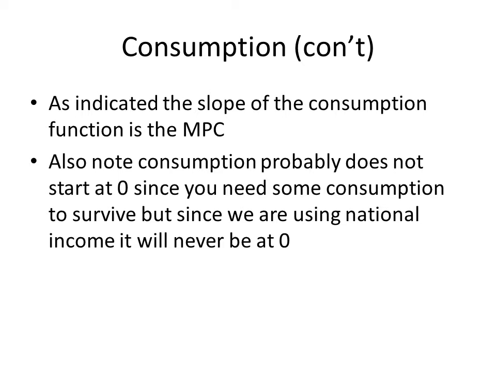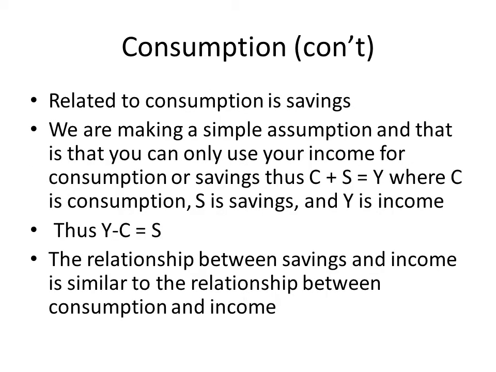So as indicated, the slope of the consumption function is the MPC, and consumption starts not at zero, but above zero even when income is zero. Of course, we're never going to have national income of zero.